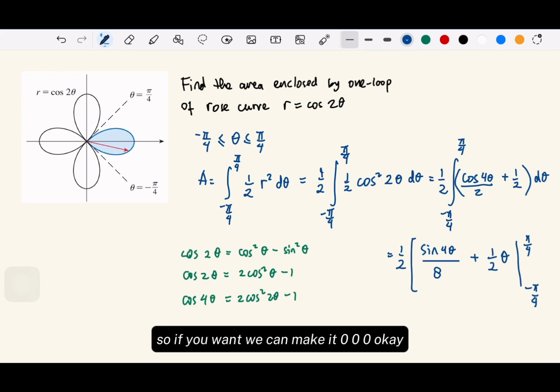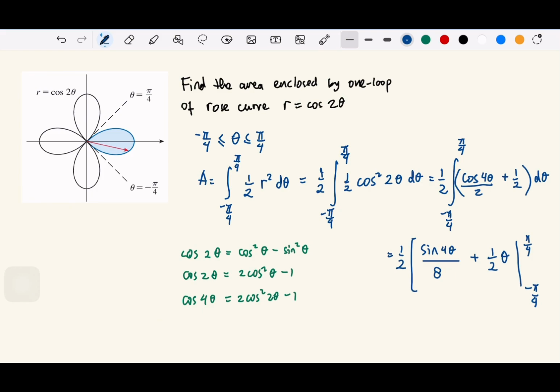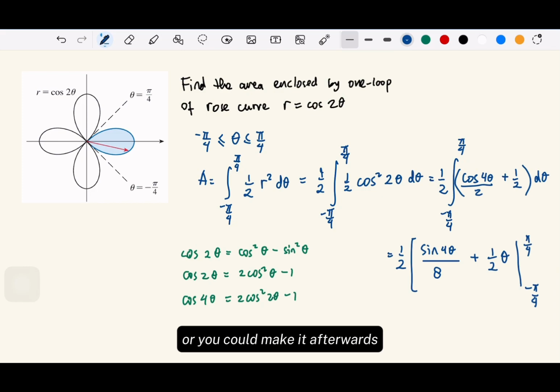So if you want, we can make the lower limit 0.